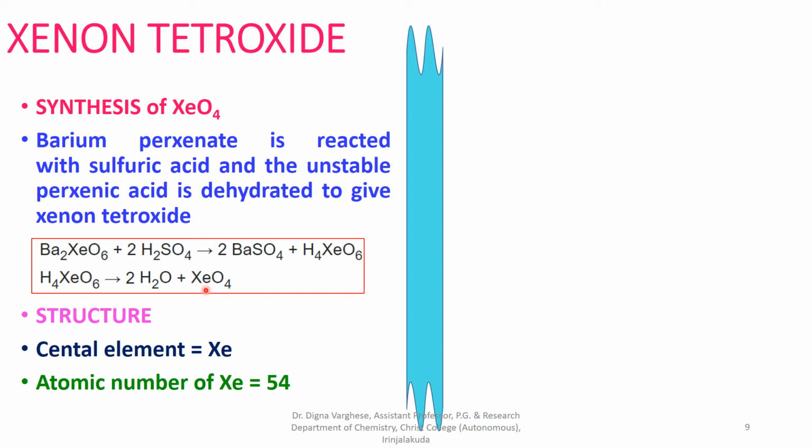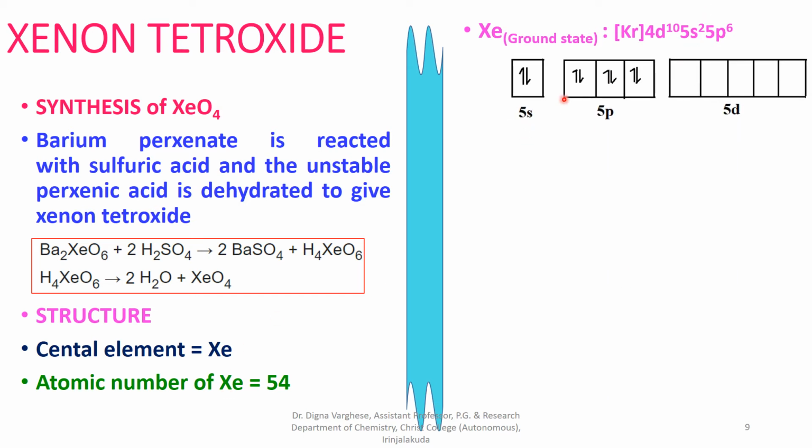Structure of xenon tetroxide. Central element is xenon and the atomic number of xenon is 54. The ground state configuration of xenon is krypton 4d10 5s2 5p6. The outer configuration of xenon is 5s2 5p6 5d0. We know in xenon tetroxide there are 4 sigma bonds between xenon and 4 oxygen atoms.